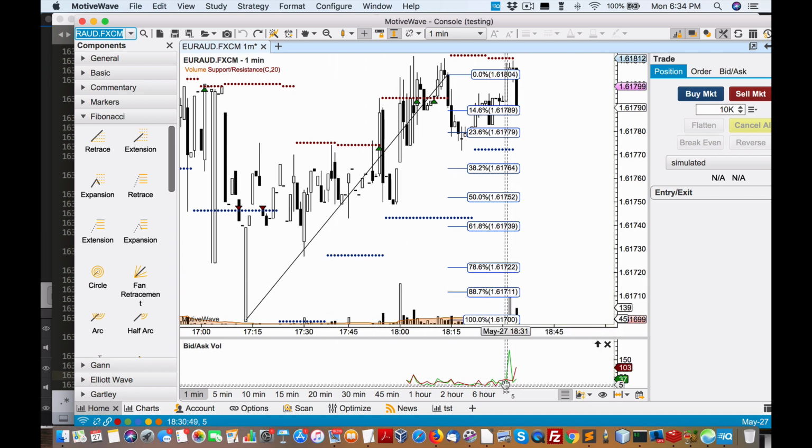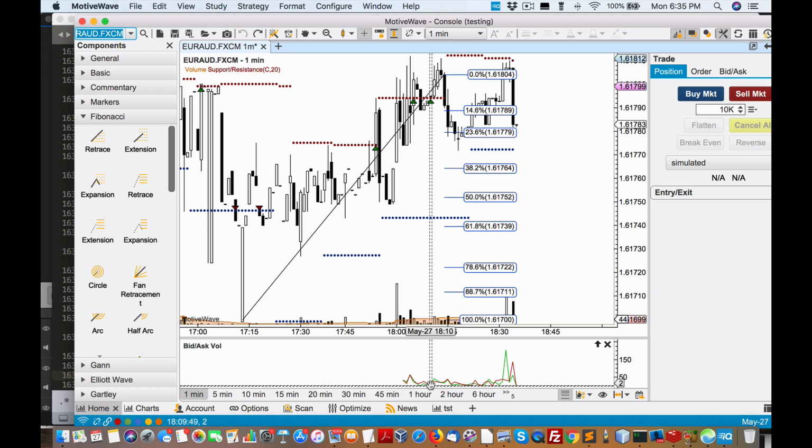So right here we have our entry. So we had a couple of entries here. So let me see. So here would have been an entry. So the Fibonacci is at 14.6 and 0%.